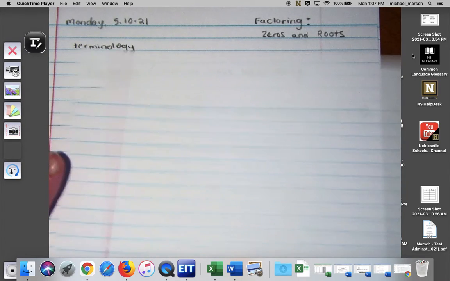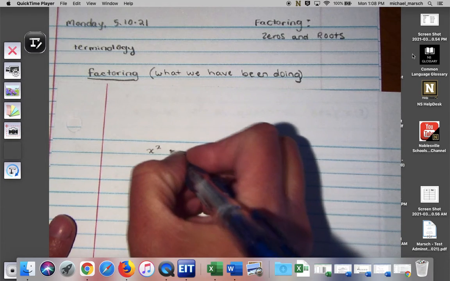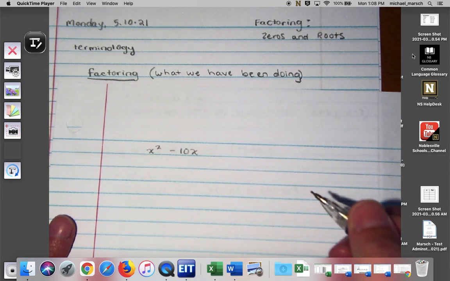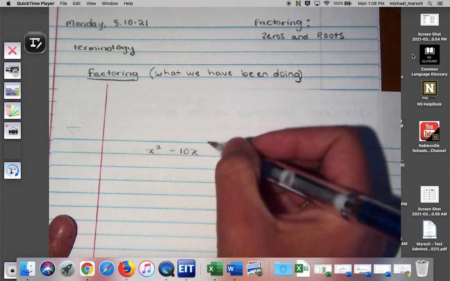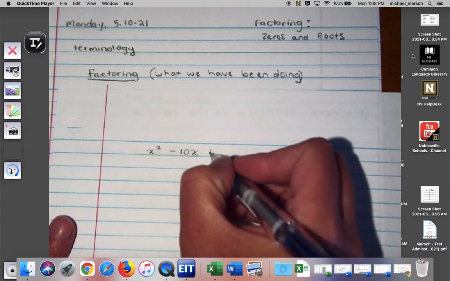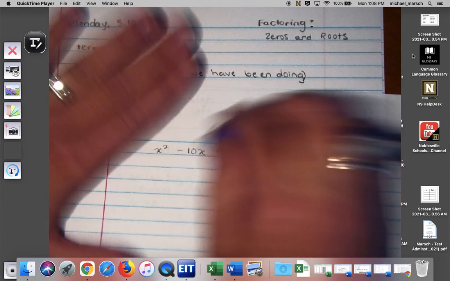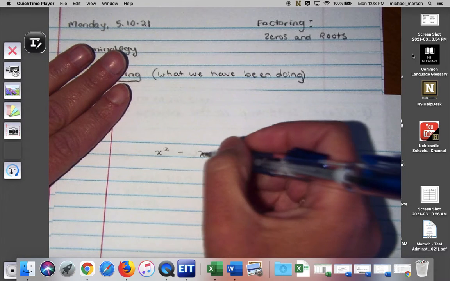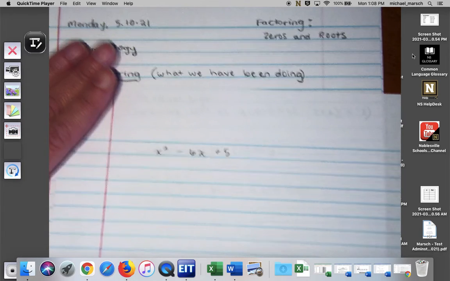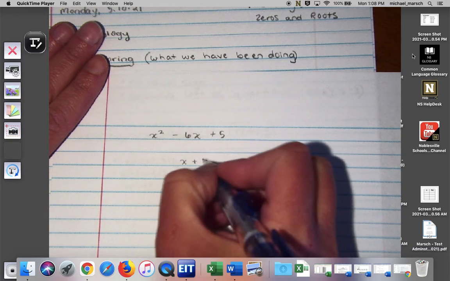So if I have the quantity x squared minus 10x, don't write this in your notes, minus 6x plus 5.